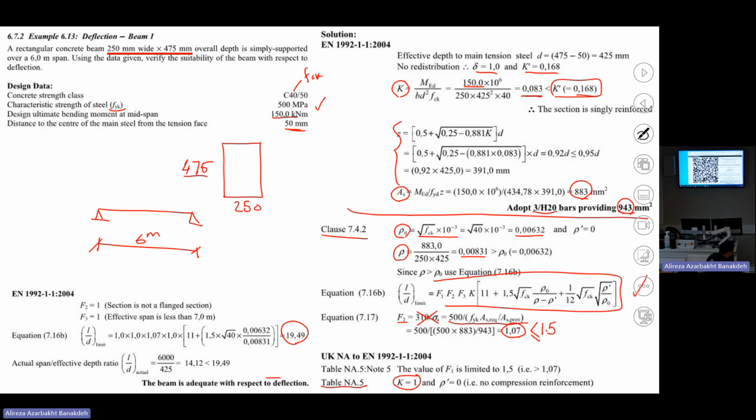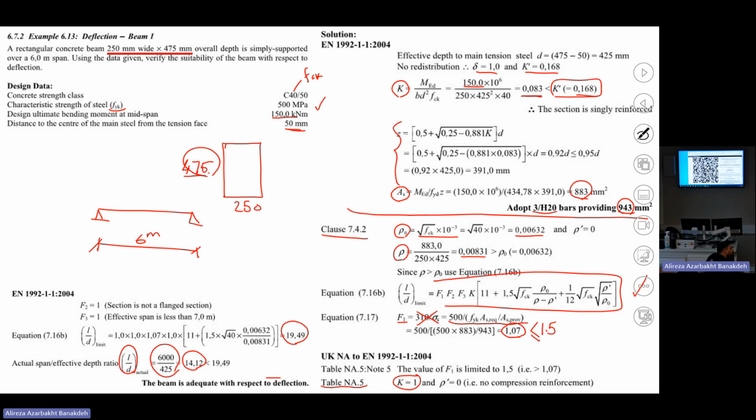How to calculate L over D for my case: 6 meters over D, 425. I deducted 50 millimeters from this for D, all right? This is the actual L over D for my case, which is 14.12, which is less than 19.49. Life is beautiful. Deflection is fine.